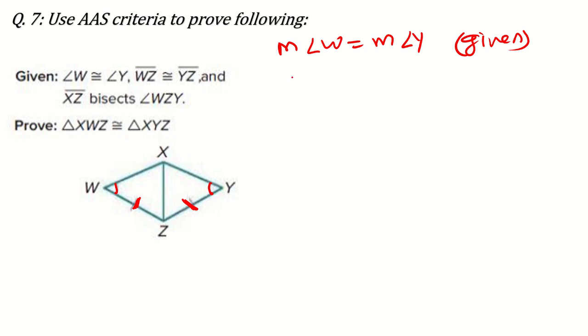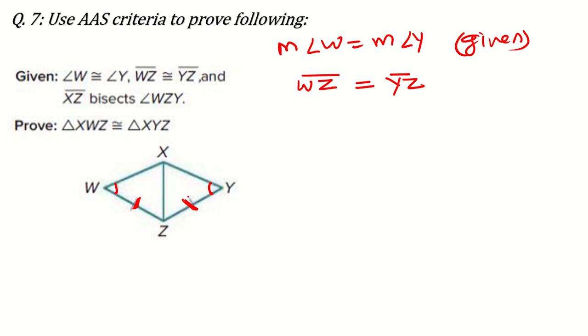So we can do here, no, I'm not writing for the angle, I want to write for the side. WZ is equal to YZ. These two sides are also equal, and XZ bisects angle WZY.